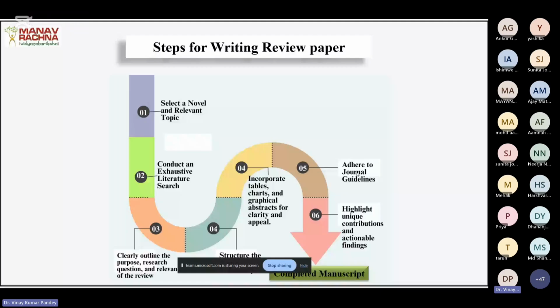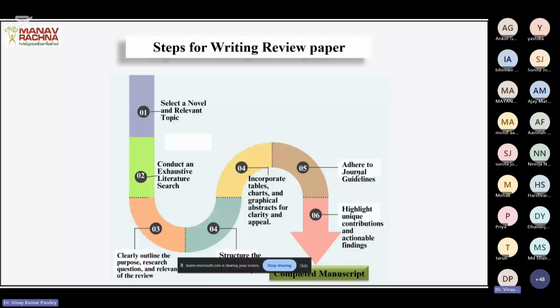So with proper guidance of your mentor, of your faculty members, right, you can do it. You can publish as many papers as you want. Quality should be there, high impact should be there. Then only it will gain more visibility, right?